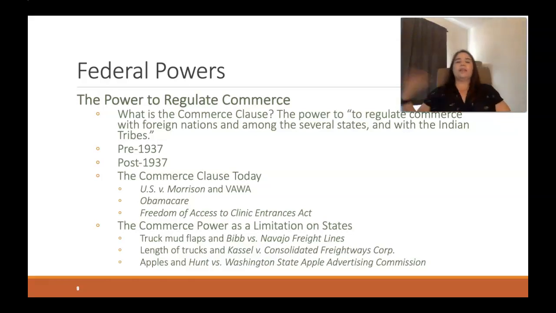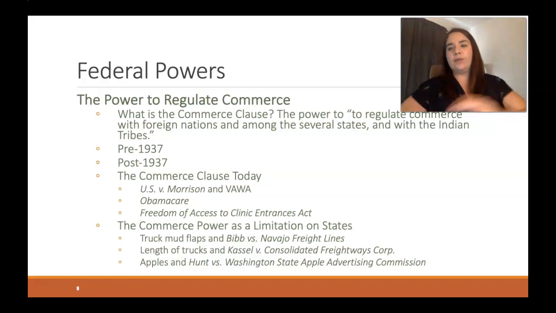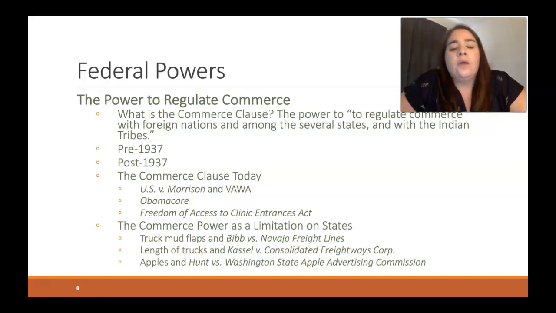Similarly, length of trucks. Again, with all of the semi-trucks. A state decided, hey, listen, you can't have more than one trailer attached to a big rig. That's pretty limiting, right? And again, their justification was traffic safety.